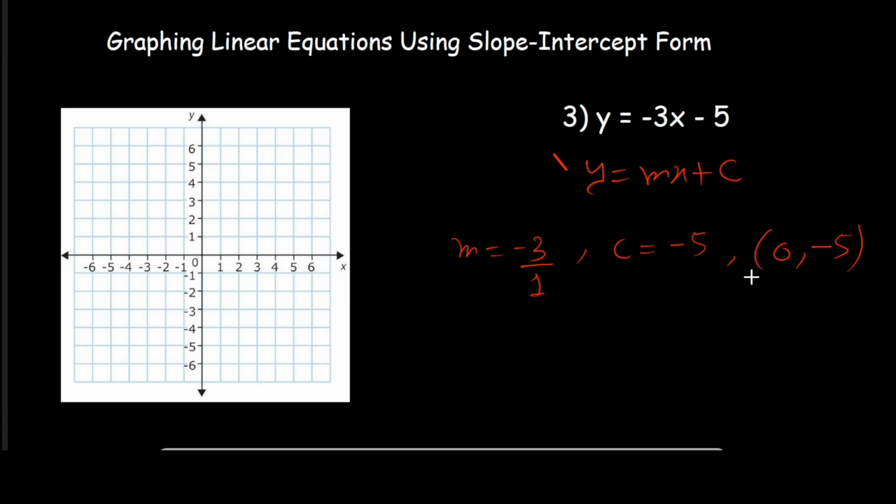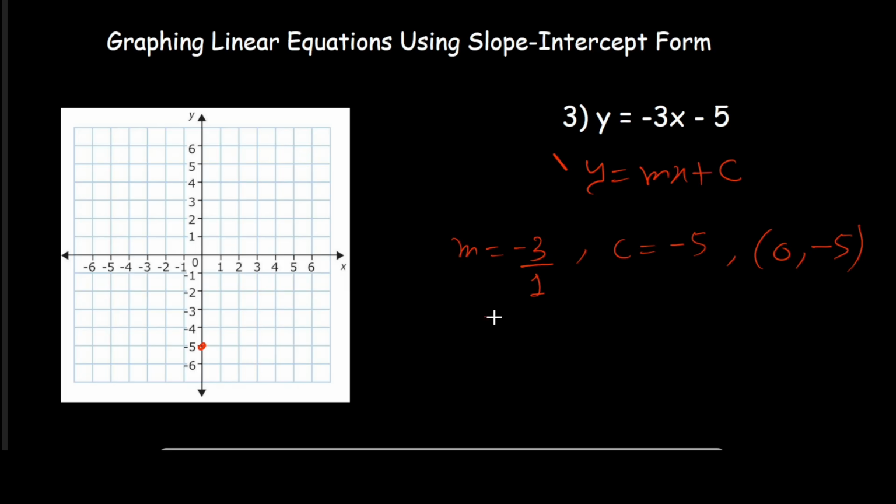So let's plot the point which is (0, minus 5). Minus 5 means the point is here. Here's our y-intercept point. Now using the slope, I'm going to plot another point from this point. We have to move downside 3 units, and here we have no room to go downside.